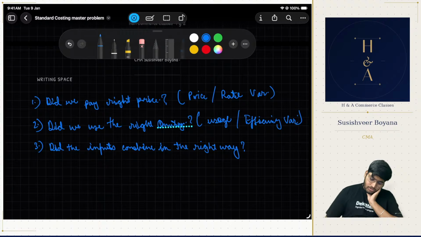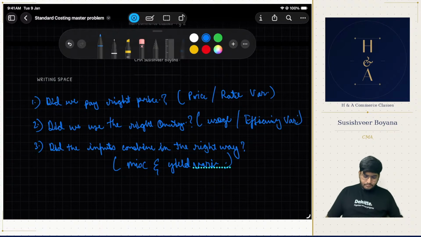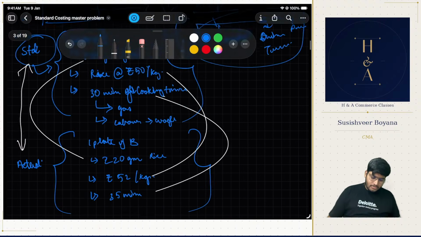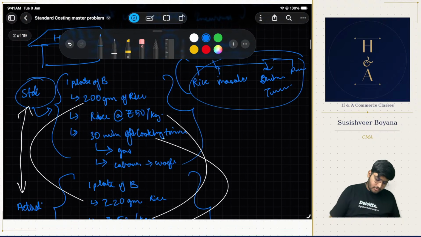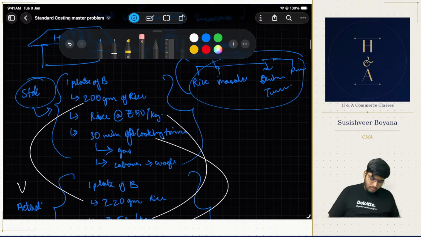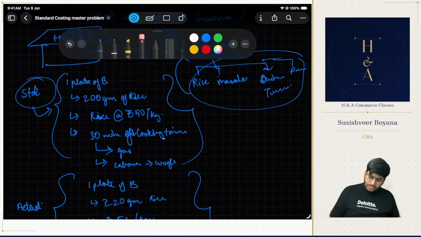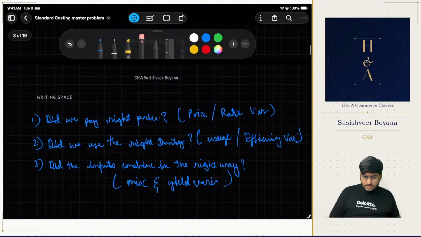When I'm talking about combination, I understood mix and yield variance. I know that standard cost is a planned cost to do something, but actual cost varied from the planned cost. Then I have to figure out what is going on, so I ask these questions.